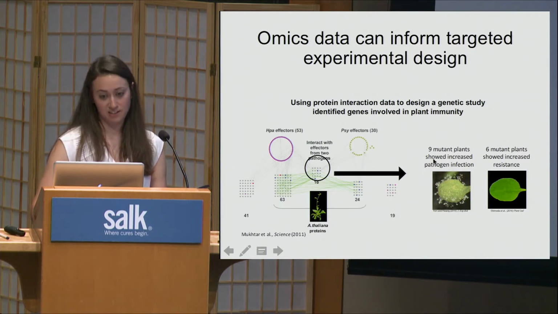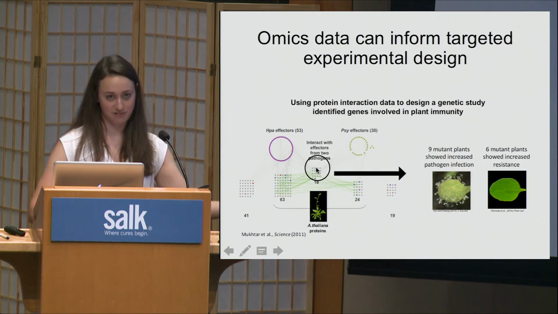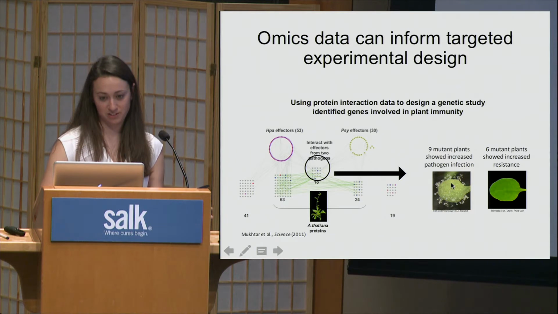So in the experiment, they found that the plant showed increased pathogen infection when 9 of these 18 proteins were mutated. So they tested 18 different plants, each having a different mutation. And 9 of them showed this increased pathogen infection. And then 6 of them, different from the 9, showed increased resistance to the pathogen.